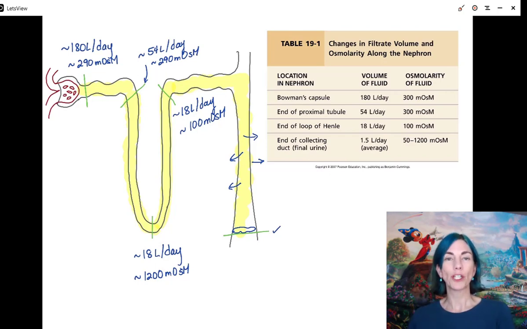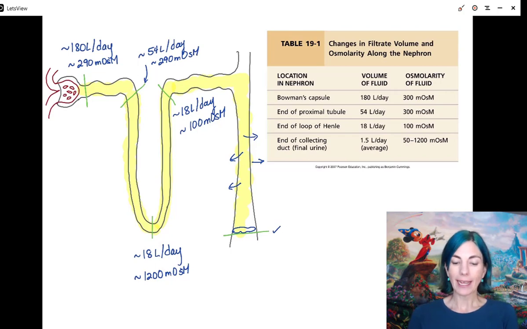So we've changed the identity from filtrate to urine at that point, and there's no more modification to the fluid. So if you reabsorb a lot of water, then there's not a lot of volume left, and so you'll have a low volume and you won't urinate very much.